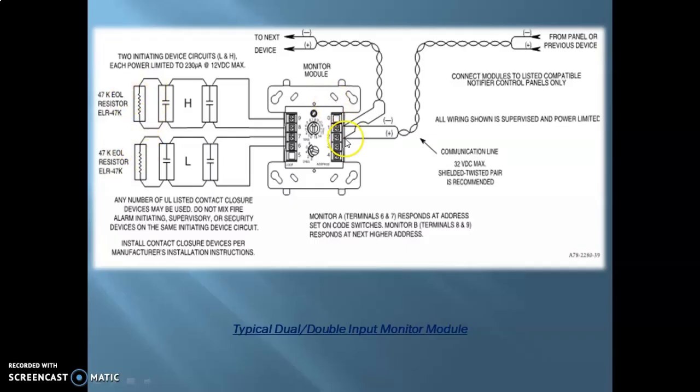And as you can see, the SLC connection is the same as well, the loop connection basically from the panel or the previous device. It comes in and then goes out to the next device.